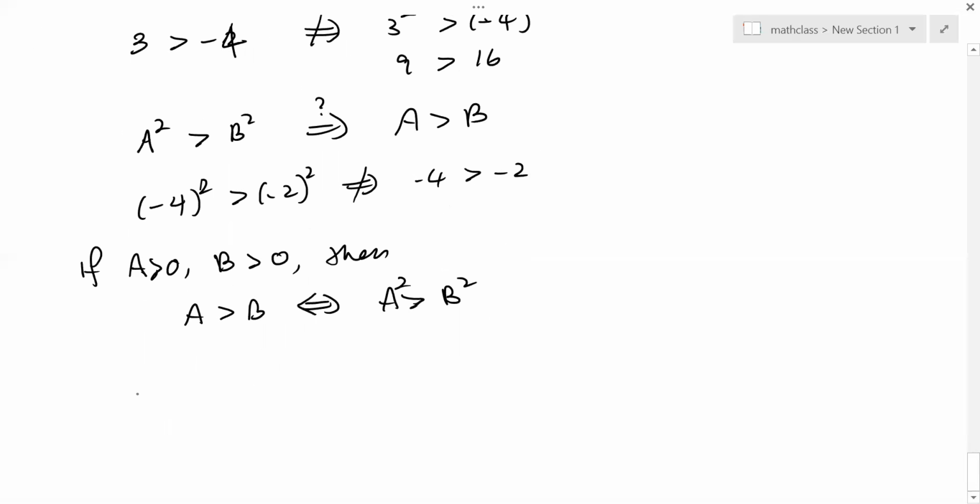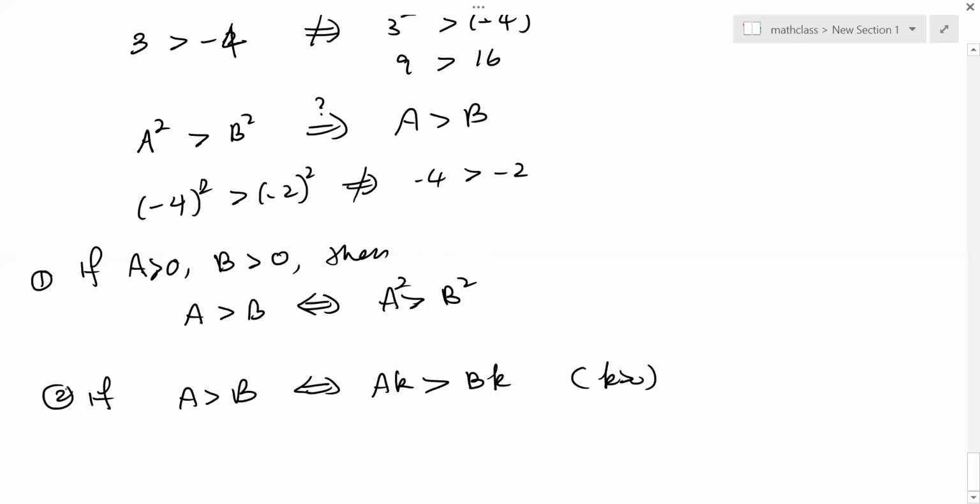Another thing is that if a is greater than b, then multiplying by k is also equivalent. This k must be positive. Otherwise, you have to change the direction of the inequality. So those are two important factors when you solve inequalities; you have to be very careful.